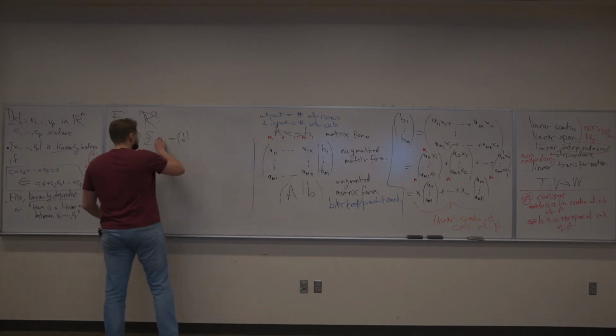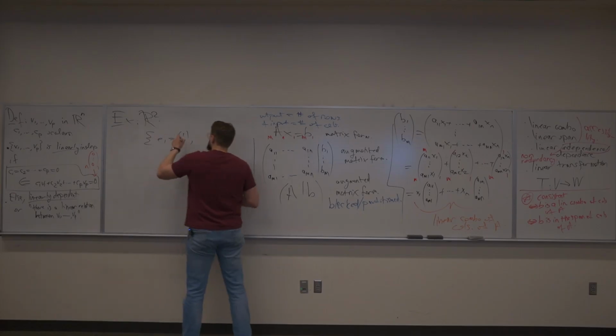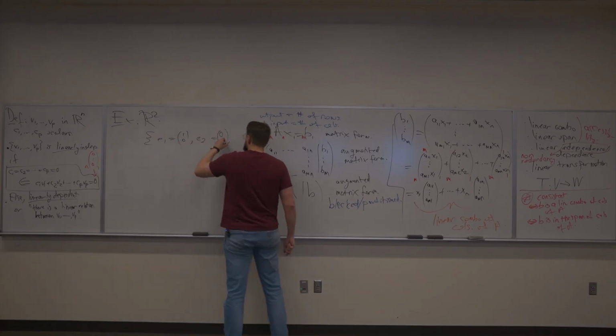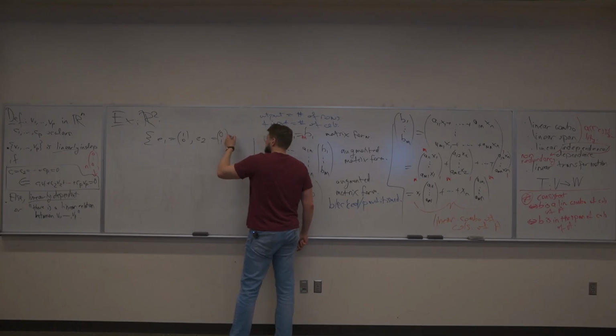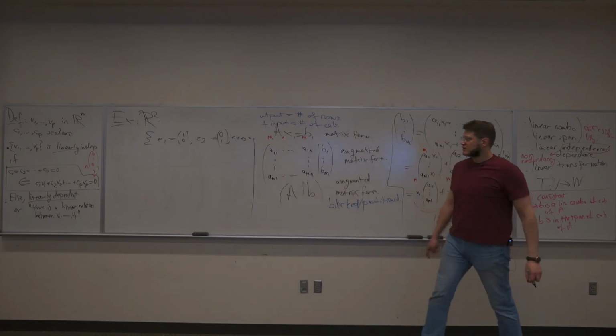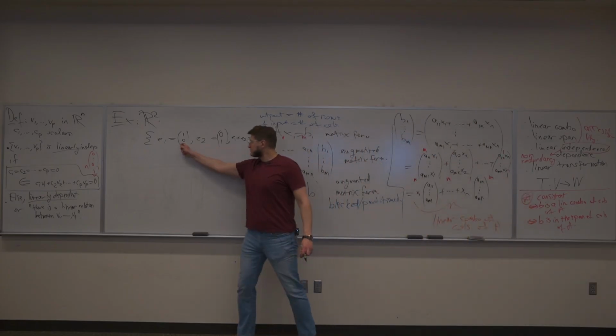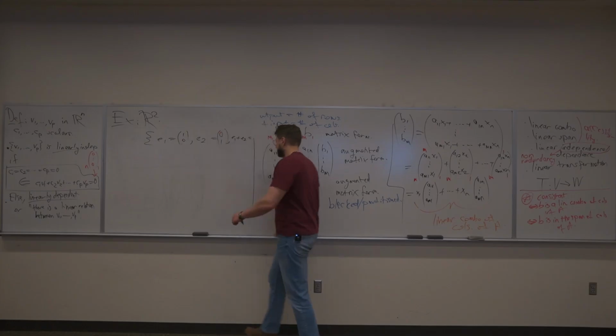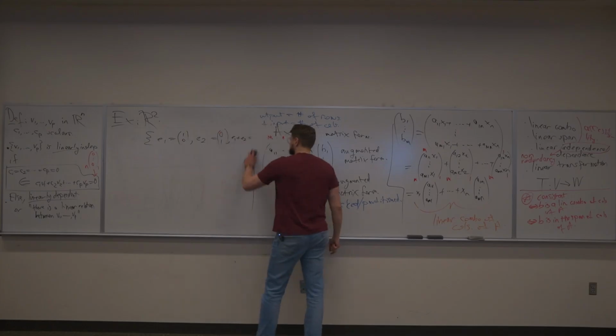Maybe I should say e1. e2 is 0, 1. And then let's say the third vector is e1 plus e2. And what is the numerical value of this? Well, you just take these 2 vectors and add them entry-wise. This by this is 1. This by this is 1 again. So this is nothing but 1, 1.